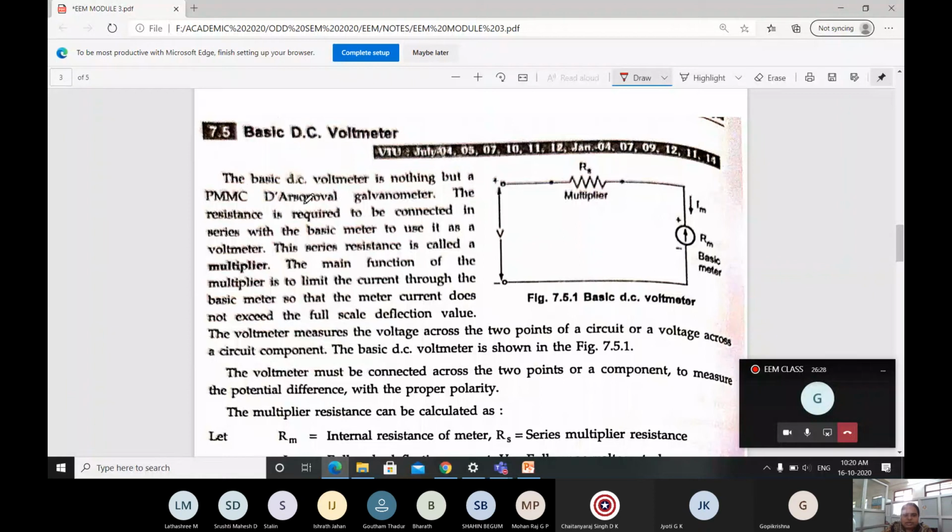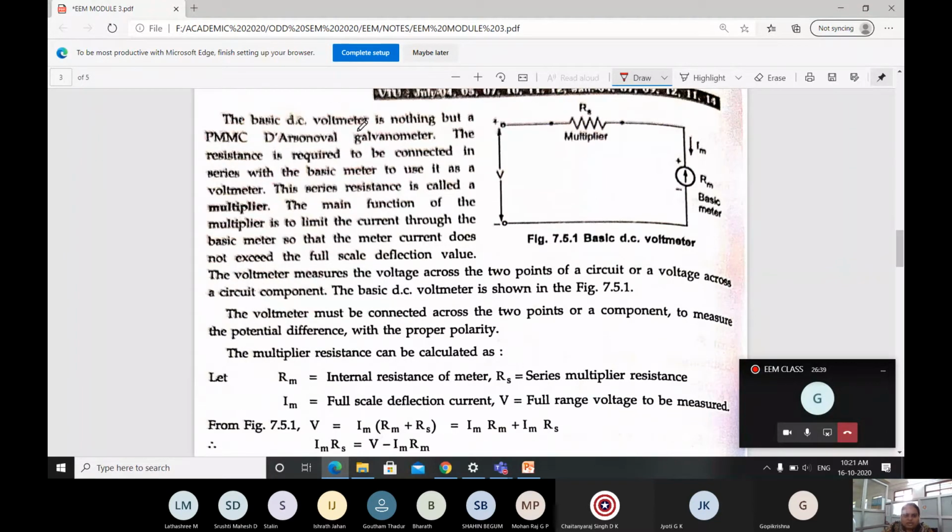Here also it is based on the D'Arsonval galvanometer, that is the PMMC. Basic DC voltmeter: voltmeter is nothing but PMMC, D'Arsonval galvanometer. A resistance is required to be connected in series with the basic meter to use it as a voltmeter.